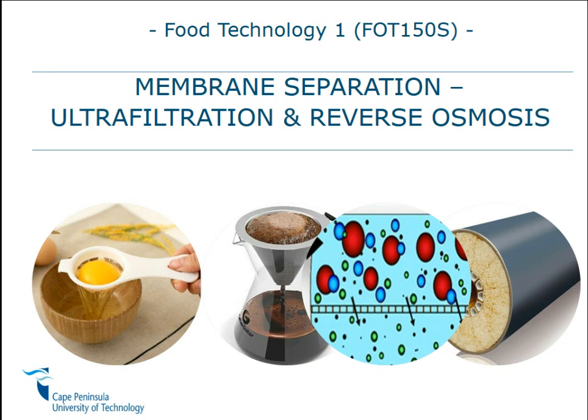We can also use membrane separation in production of cheeses, for example, formage cheese. We can also use membrane separation for production of fresh cheese from sour milk or cream.